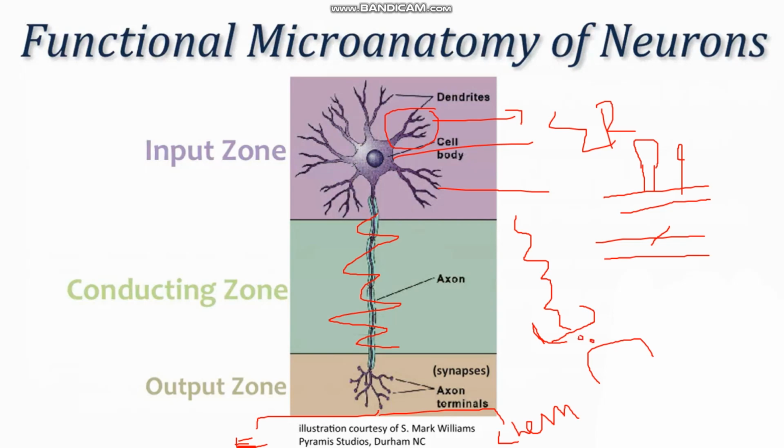This chemical will go and attach to the receptors on the other nerve ending or the other neuron. These receptors will convert this chemical signal into an electrical signal. This sort of synapse is called a chemical synapse. So there are basically two varieties of synapses, electrical synapses and chemical synapses.